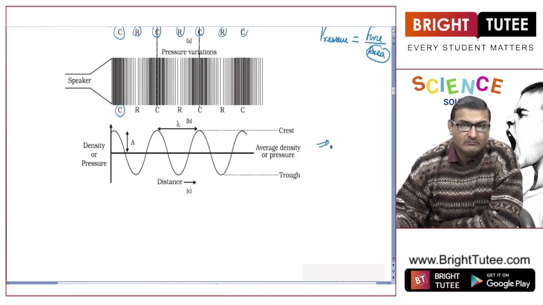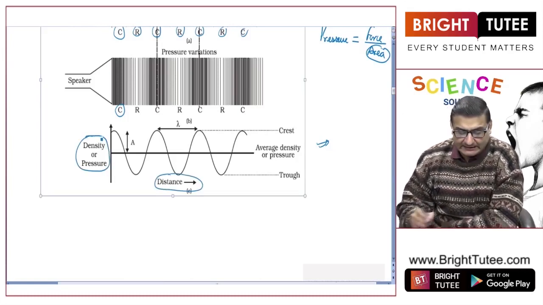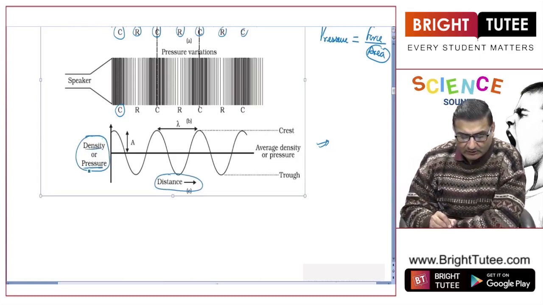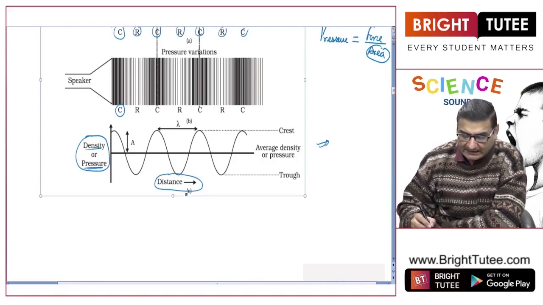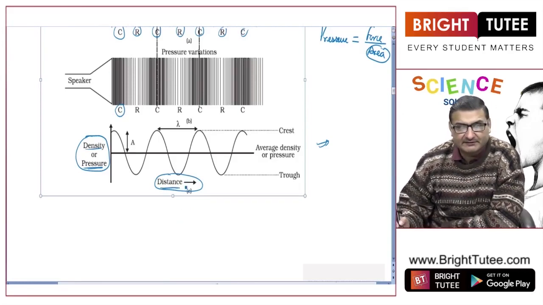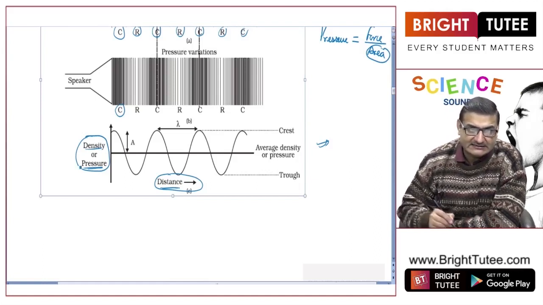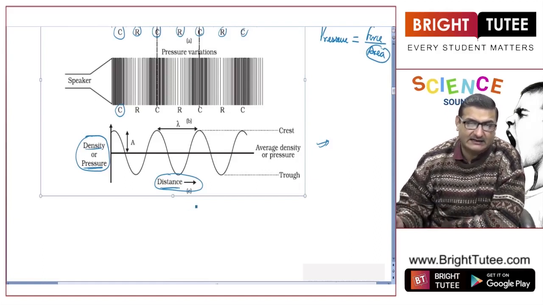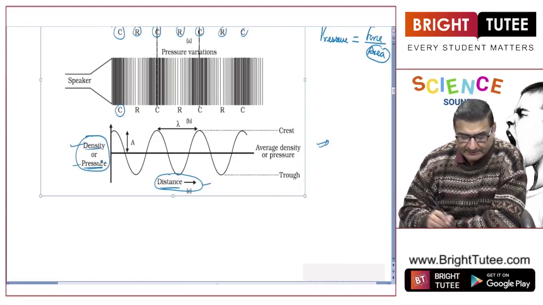When we represent it graphically, we plot the density or the pressure, meaning the density of the air particles under compression and rarefaction, or the pressure exerted by the particles, against the distance travelled. So this is the distance-density graph, or distance-pressure graph.